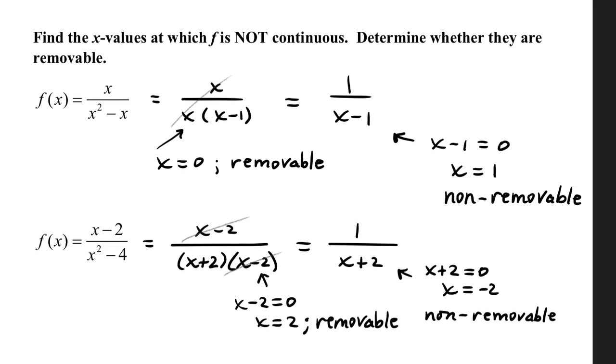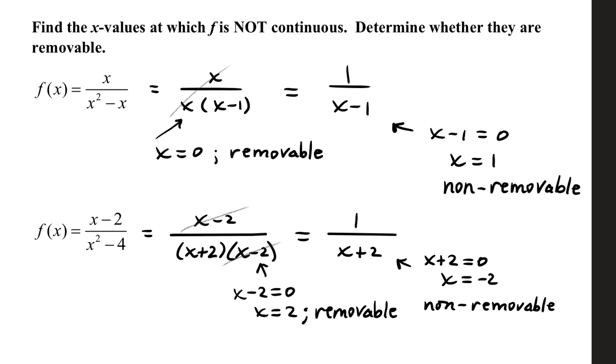Find the x values at which f is not continuous. Determine whether they are removable. In our first function, we have x over x squared minus x. Factoring an x out of the denominator, we get x times x minus 1. Cancel your x. This x is equal to 0 when x is 0.